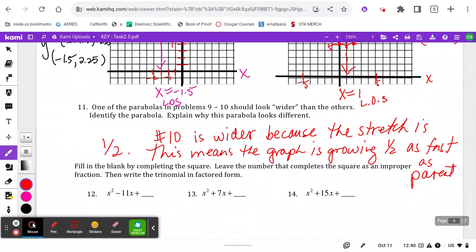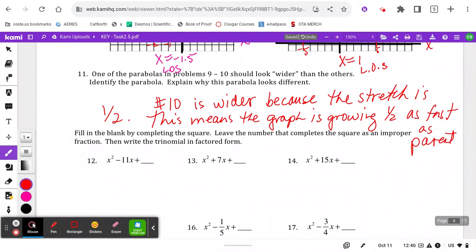Okay. The next section is on completing the square, where you do B work when the middle term is not ideal.